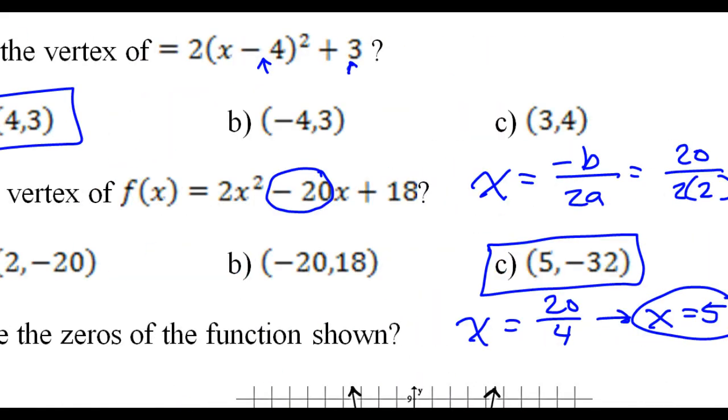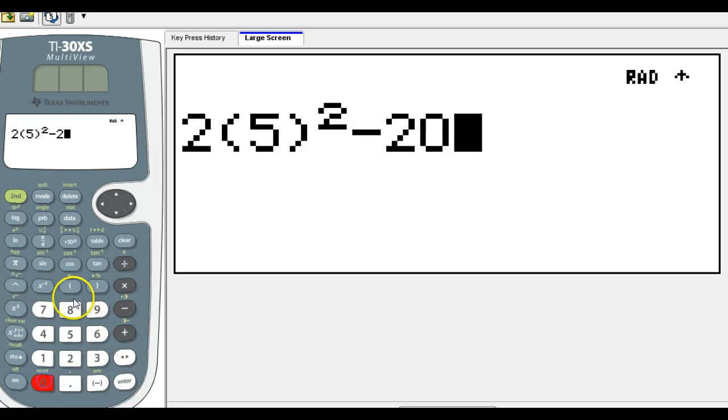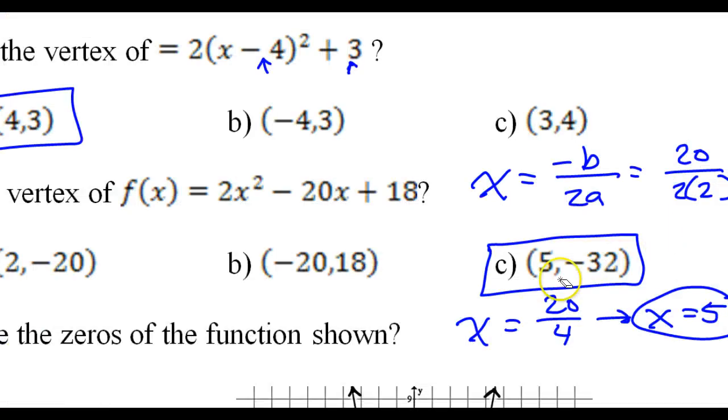If I plug in 5, I should get negative 32 since that's the answer that I'm picking. So 2 times 5 squared minus 20 times 5 plus 18. Oh, look, negative 32. So that's why the answer is C.